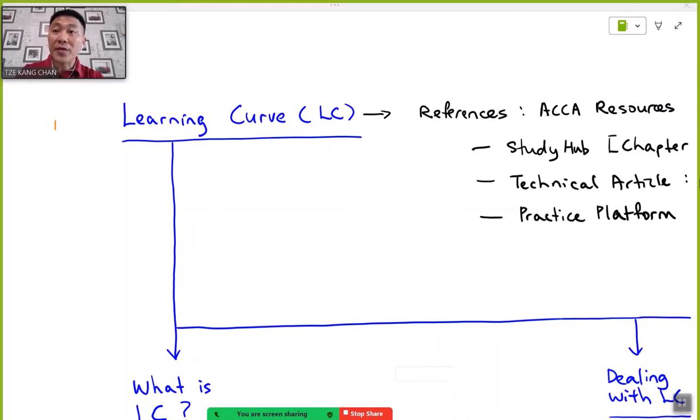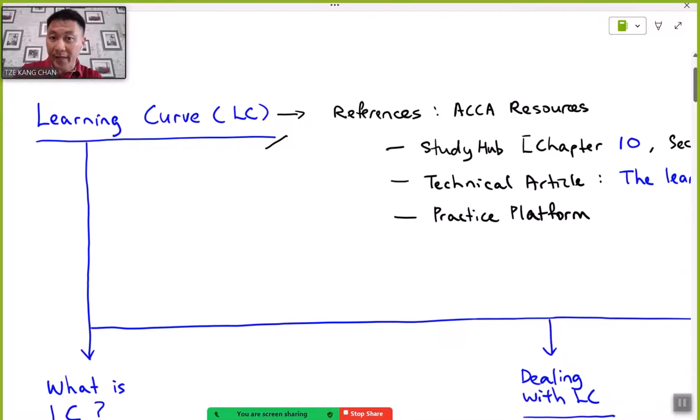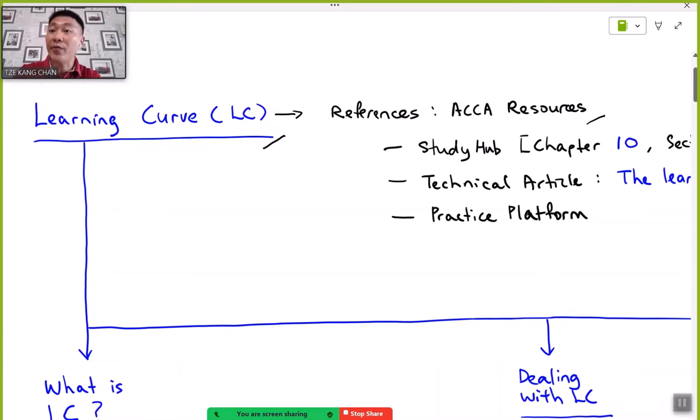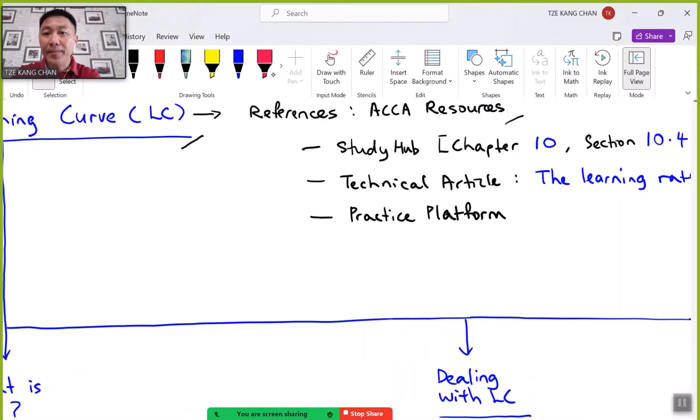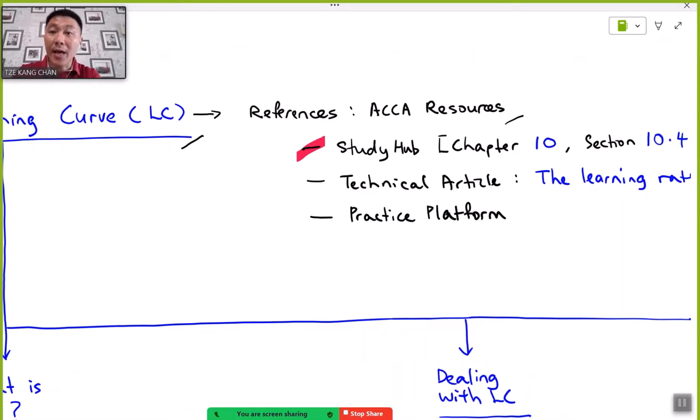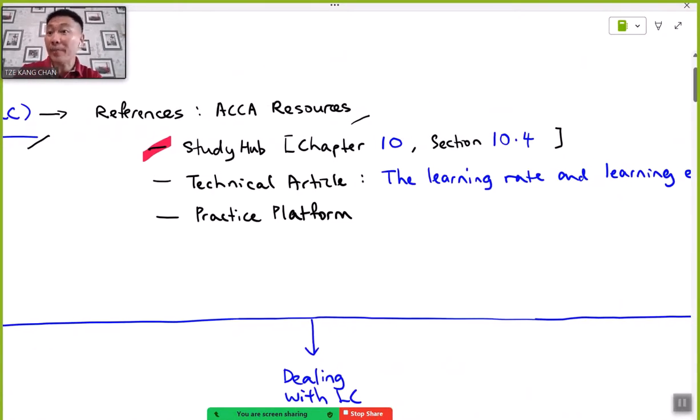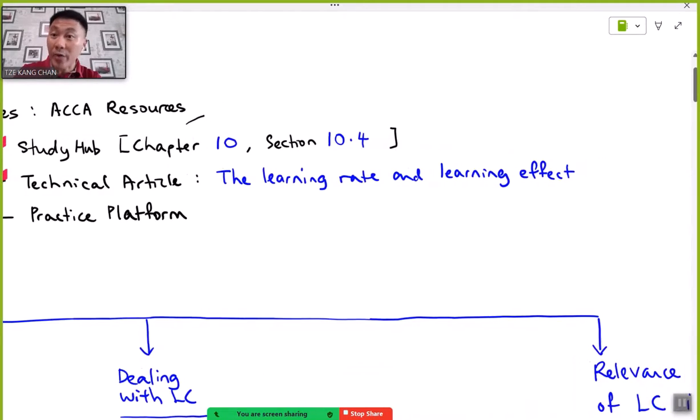The following references will be made in this video on the topic of learning curve, which mainly come from the ACCA resources, namely Study Hub, which is found in Chapter 10, in particular Section 10.4. Secondly, the technical article with the title, The Learning Rate and Learning Effect.